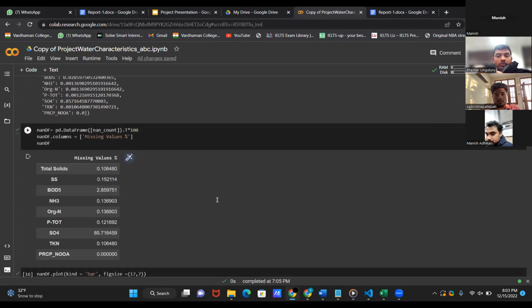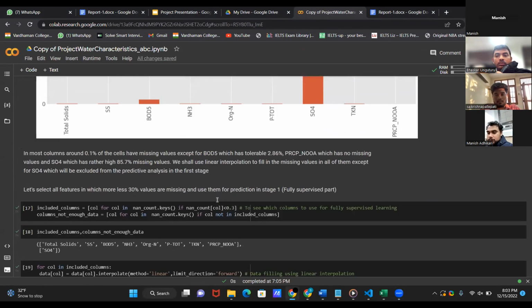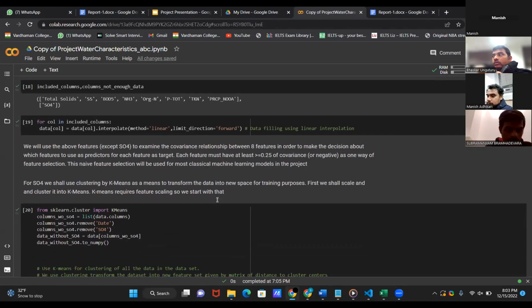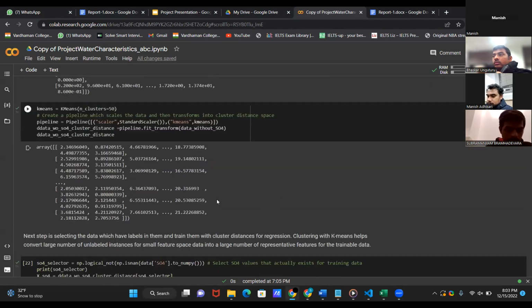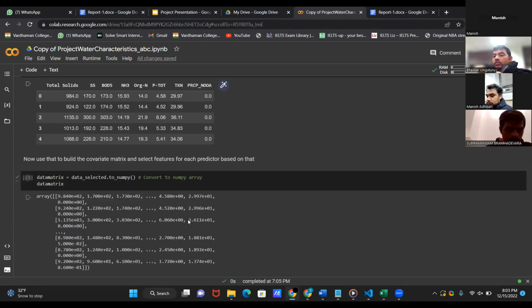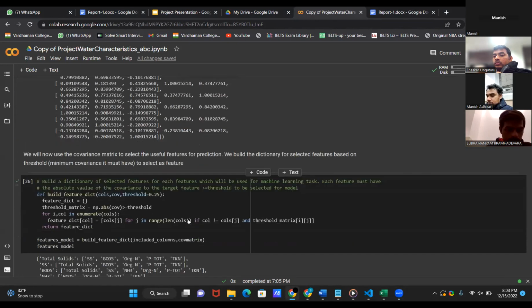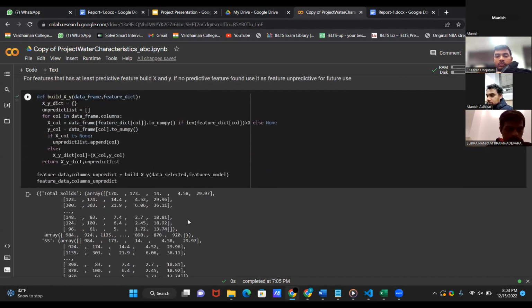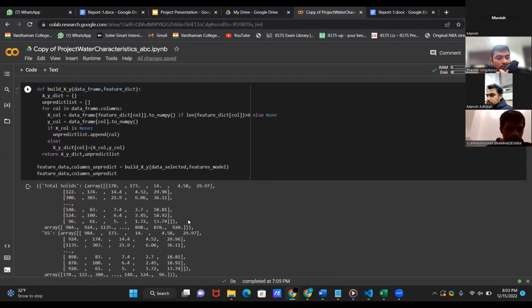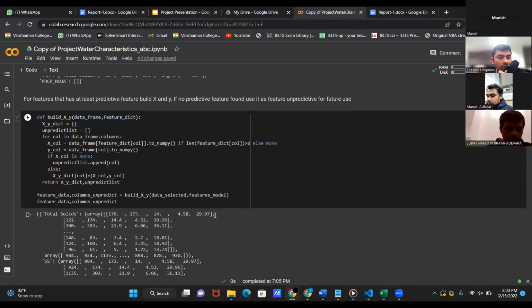Yeah, here you can see that we have run each and every model for every feature. So I'm going to show the output. This is for best feature selection.